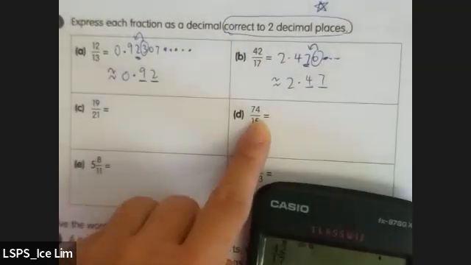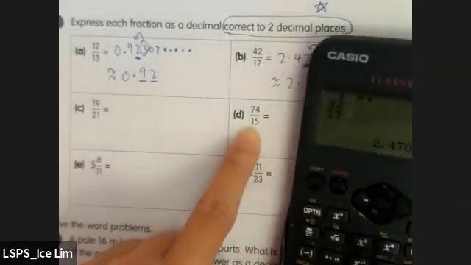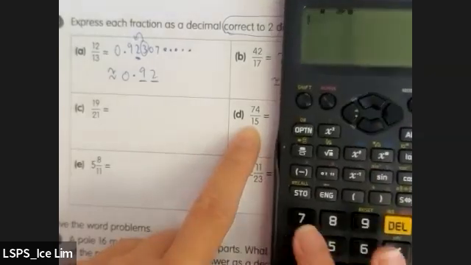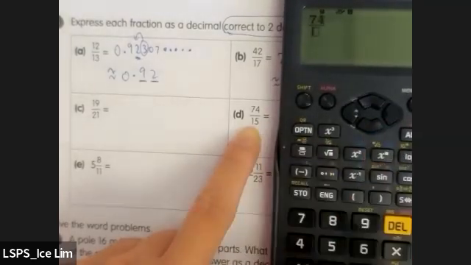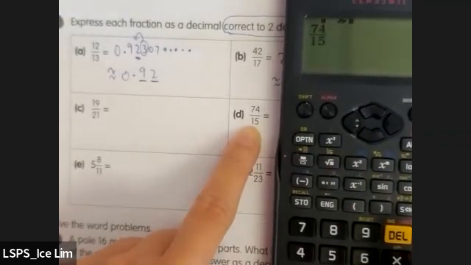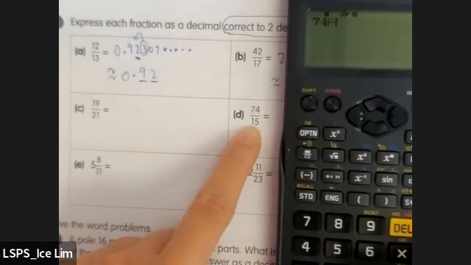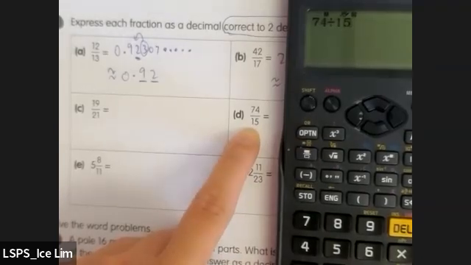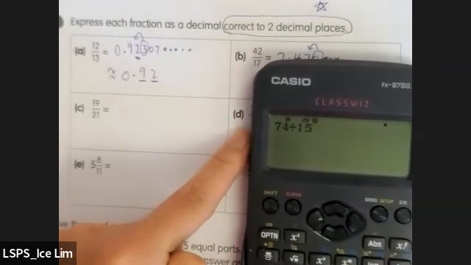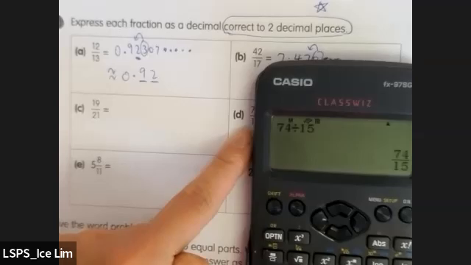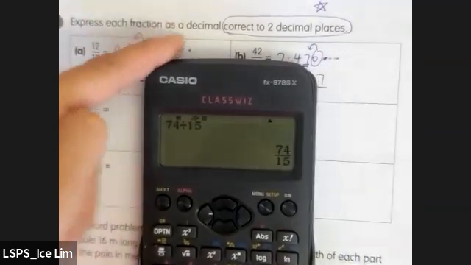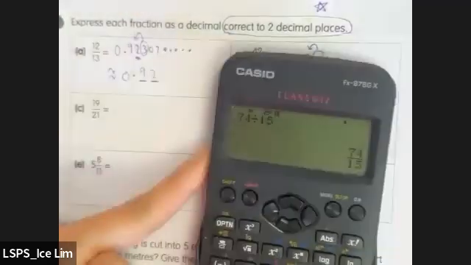So even with this one, the improper fraction, I can do 74 over 15, divide by 15, get to a decimal. Or you can do 74 divided by 15, as we learned about whole numbers division. I can do this as well, 74 divided by 15. You'll get me this same fraction. See? 74 divided by 15.